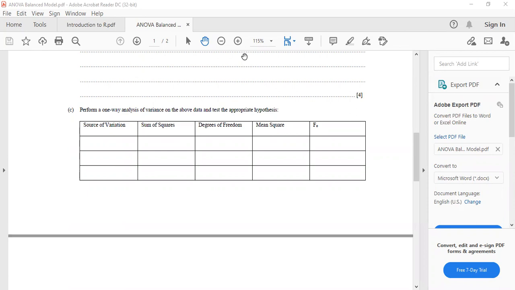Our n i is 5 for all the treatments, so you're supposed to use that 5.